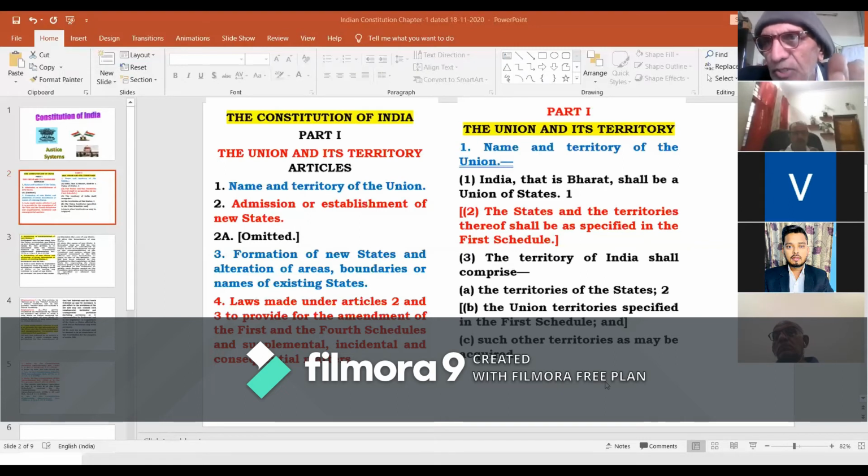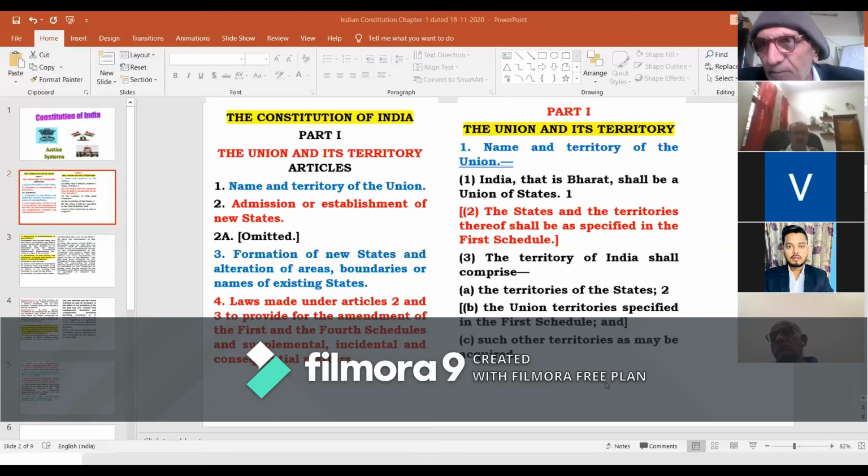How do unitary states and federal states make a difference, and how has the choice been made in favor of a union of states as a federal structural apparatus for the governance of our country?